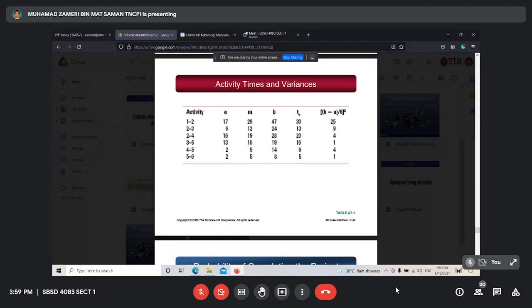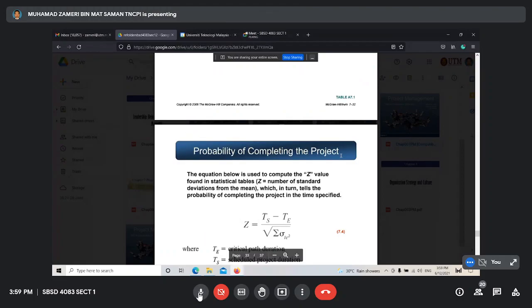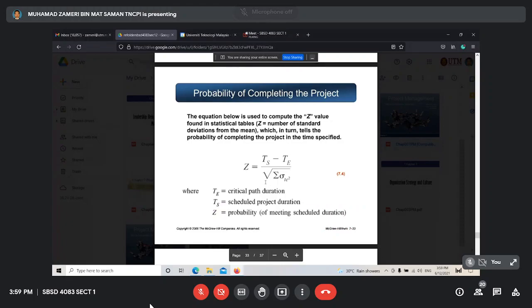Is it correct? 44 total here. Can someone calculate for me? And then the square root here. Square root of 44.